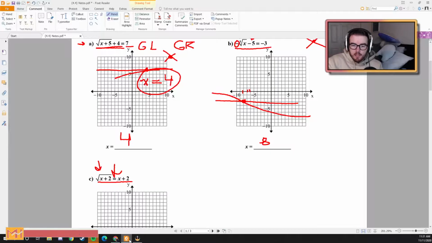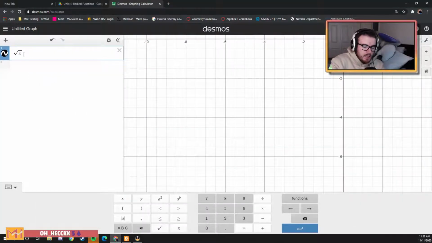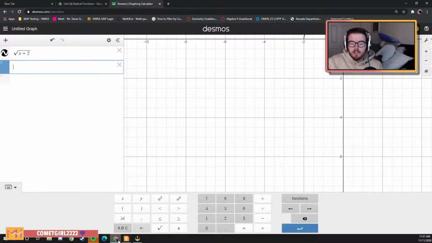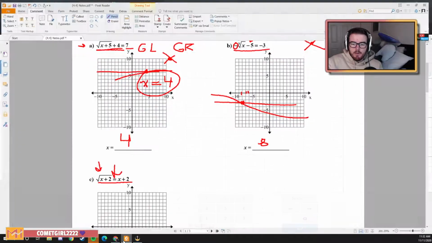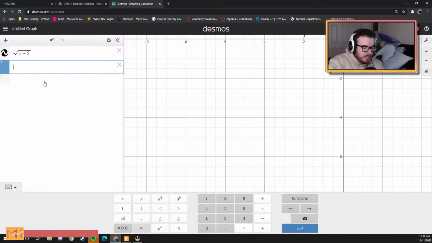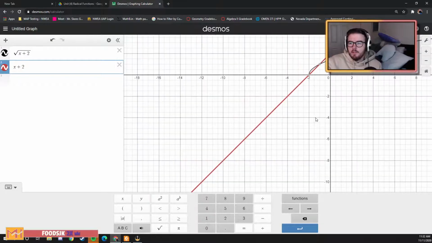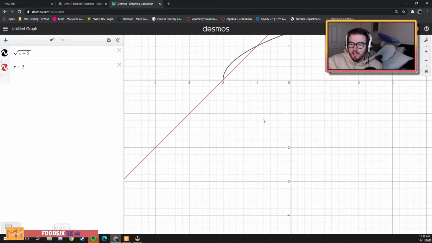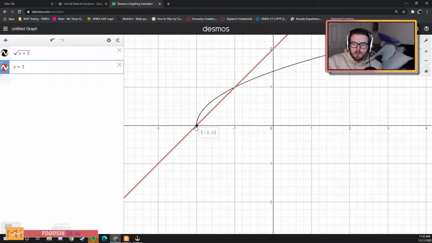Okay, so the square root of x plus 2, graph the left side and then graph the right side, which is x plus 2 again, but not under the radical. There we go. There are our 2 solutions, right? It intersected not once, but twice. So those 2 x values are our solution at -2 and at -1.